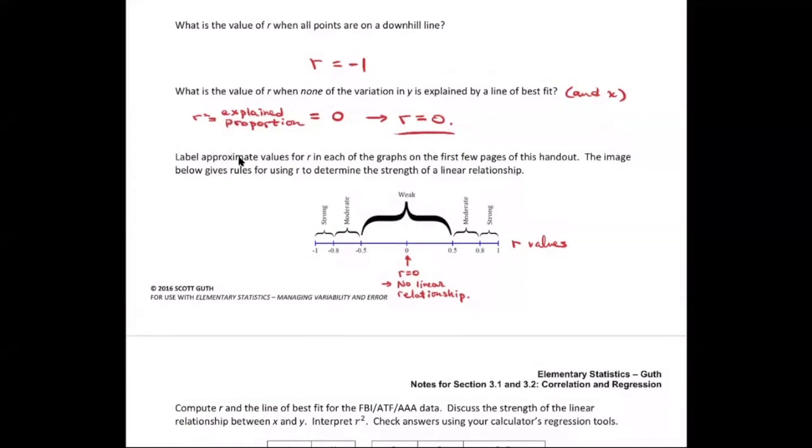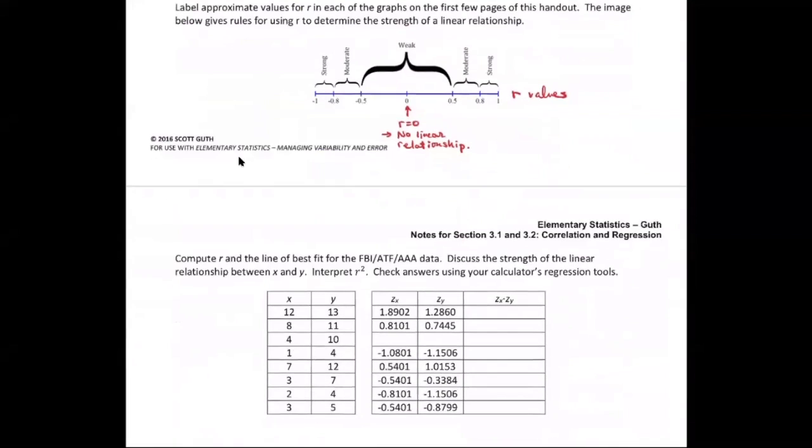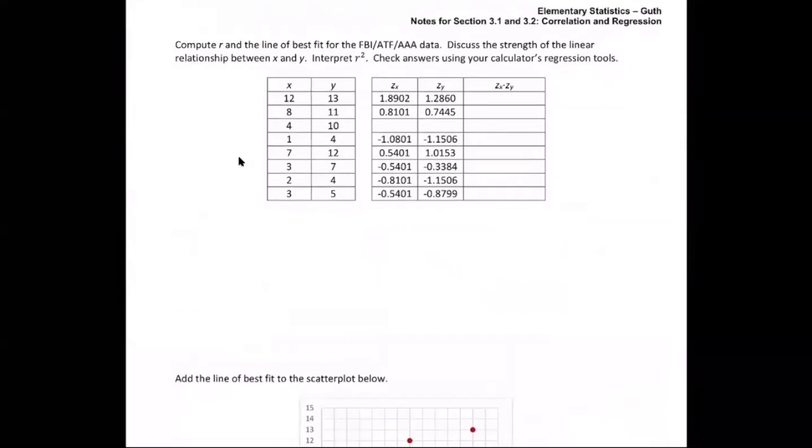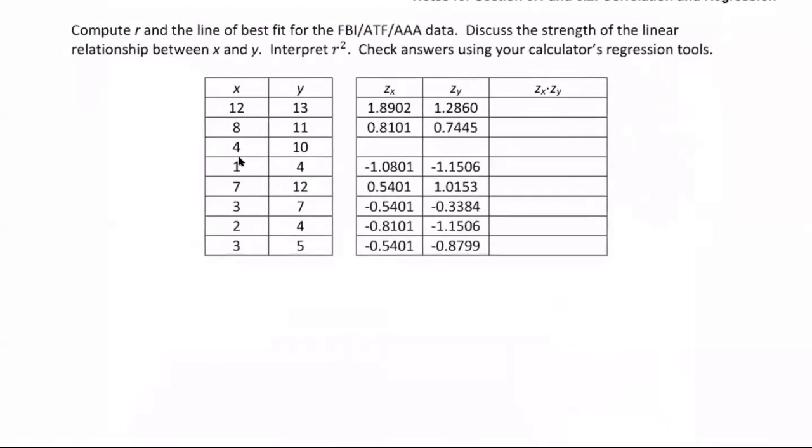Okay. Now, just a quick reminder about what R is. Let's go on down here. It's just telling us to compute R here. So just a reminder, this is the same data, but R is the sum of Zx times Zy over n minus 1.